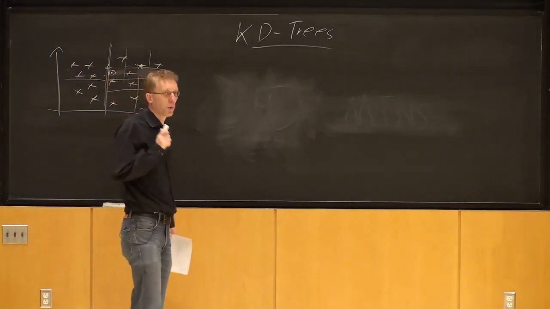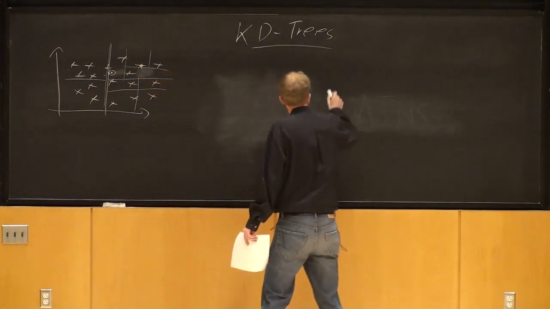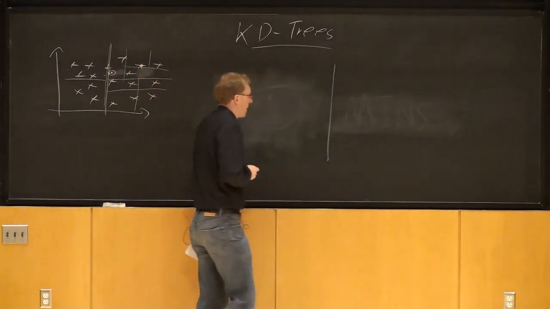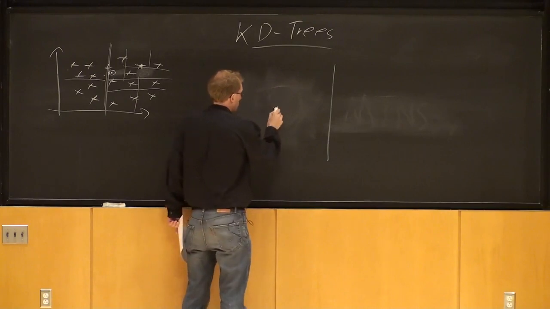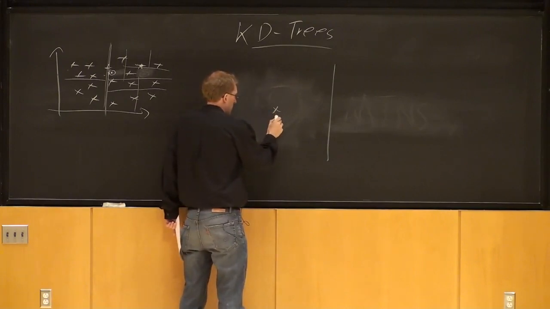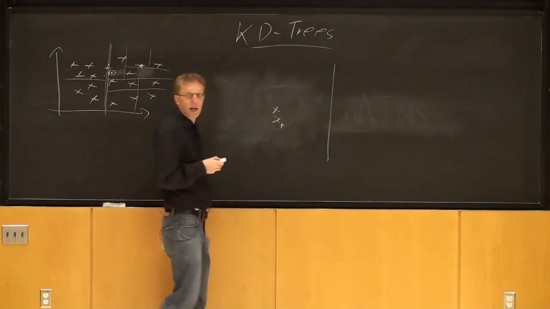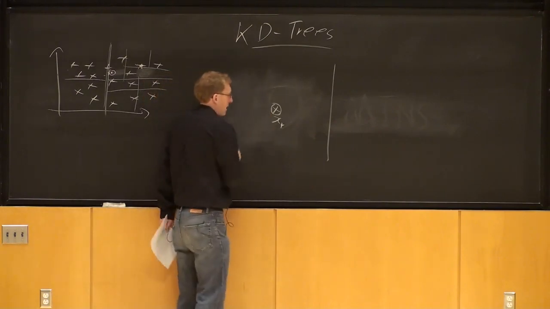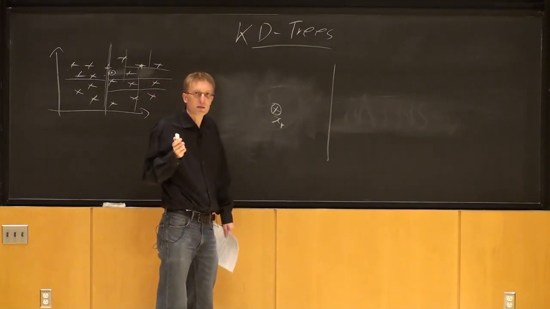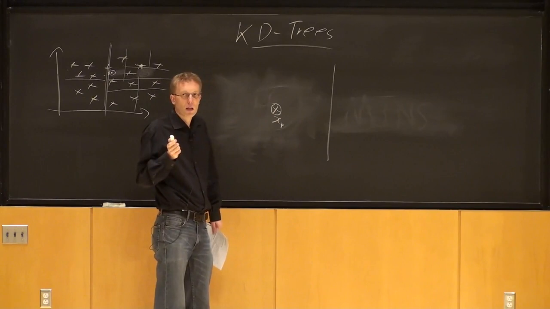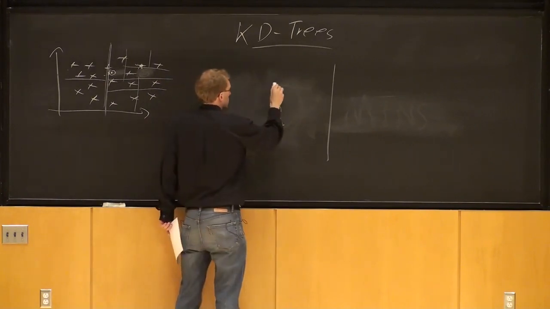Okay, so here's the first quiz I have for you and your neighbor. Imagine I have the following. I have a test point. This is my test point, xt. I have a previous nearest neighbor.